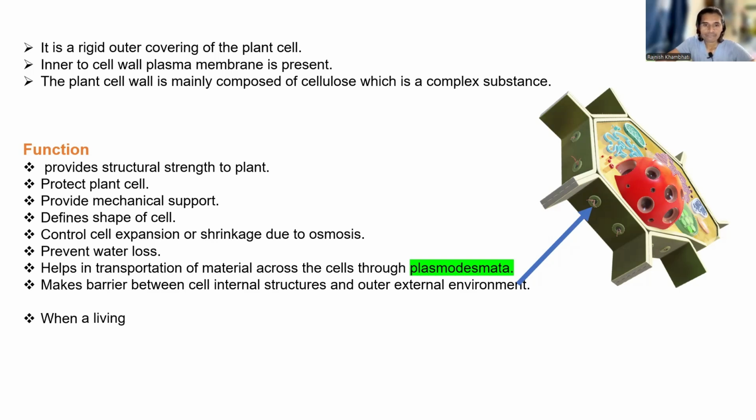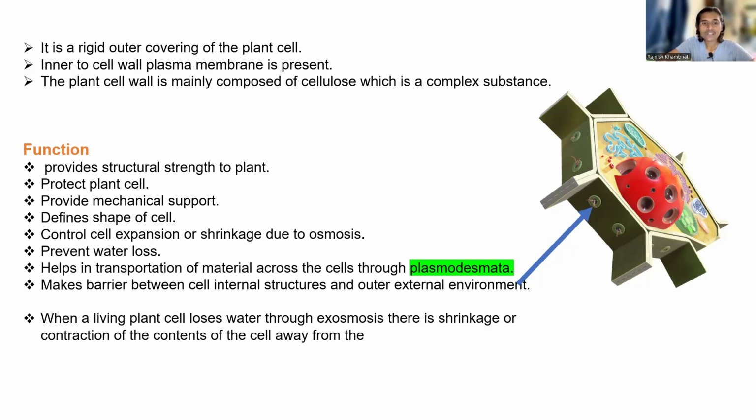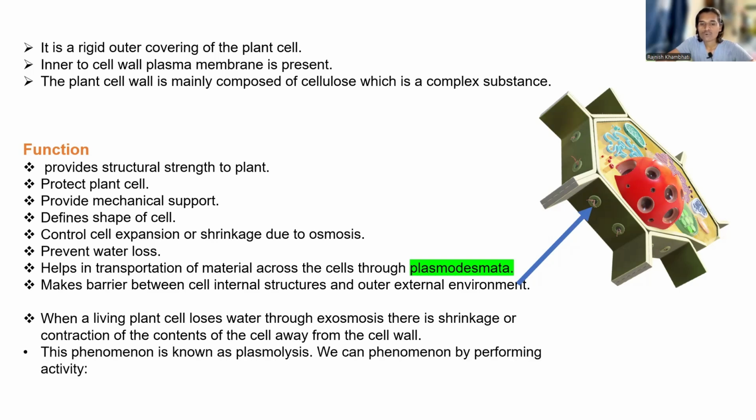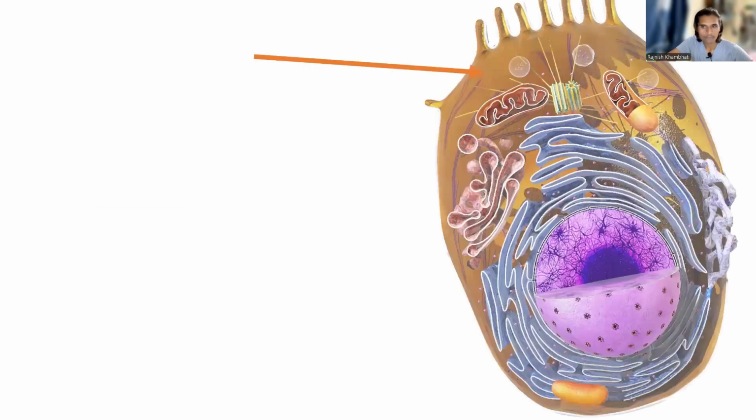When a living plant cell loses water through exosmosis, there is a shrinkage or contraction of the cell contents away from the cell wall, which is called plasmolysis. We have already performed this activity. So the cell wall structure is over along with its function.